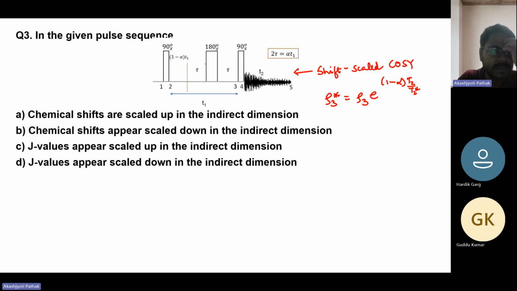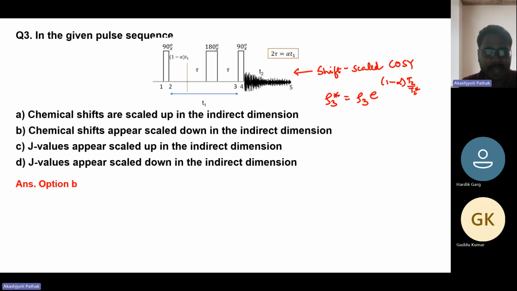So what does this mean? As we saw in the expression, this will cause the chemical shift to be scaled down in the indirect dimension, meaning the F1 dimension, the T1 time period. So option B is the correct option.